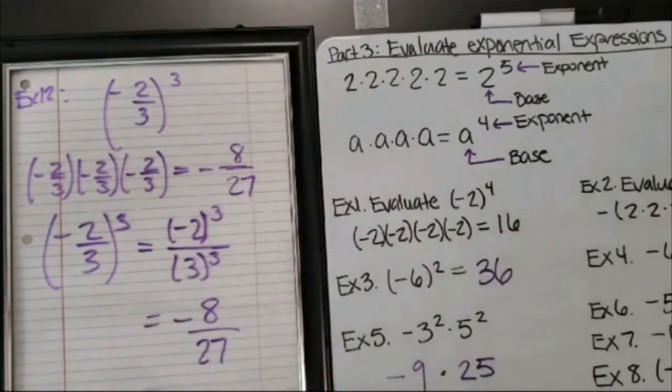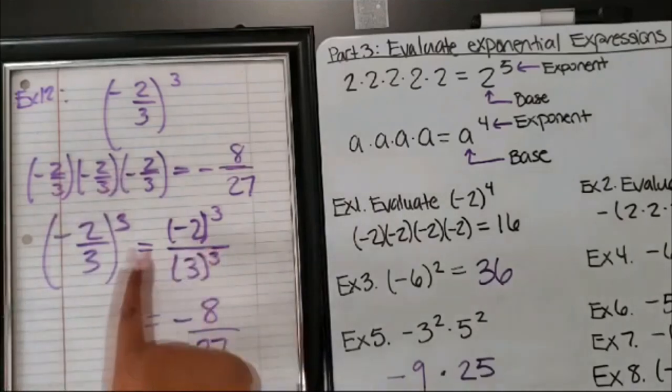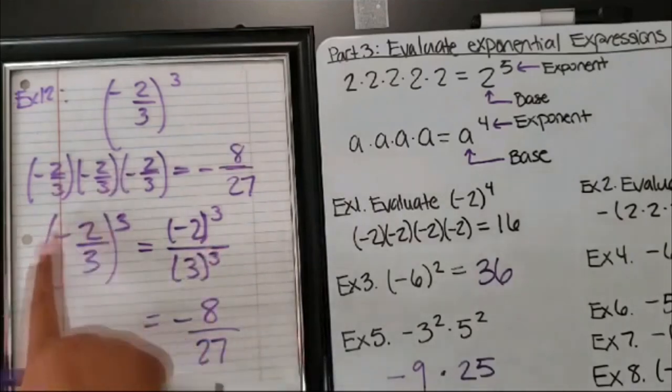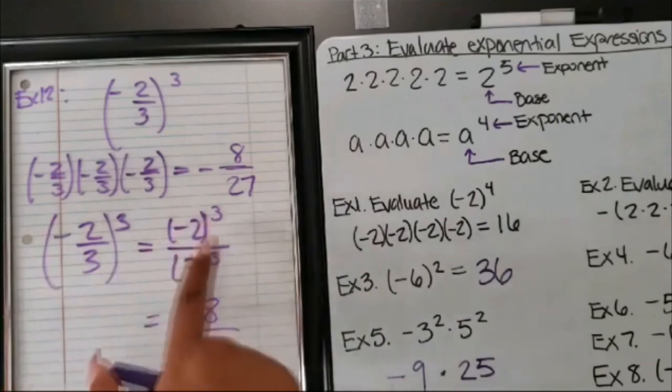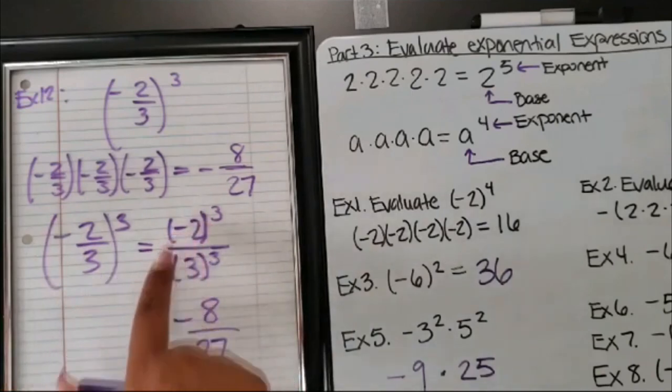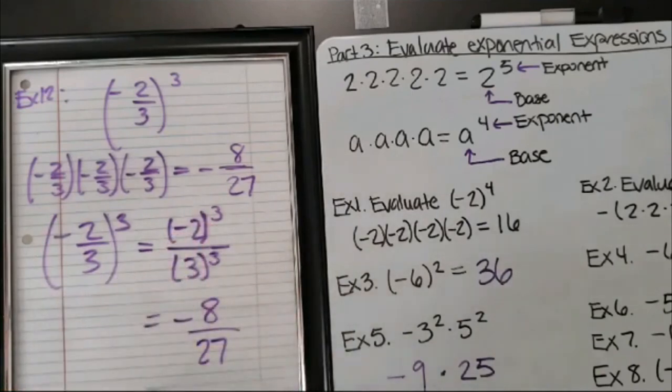After you get that down, then you should understand that cubing this whole fraction means that you are cubing the numerator and cubing the denominator, and thinking about it that way could make it easier and faster while you are doing your calculations.